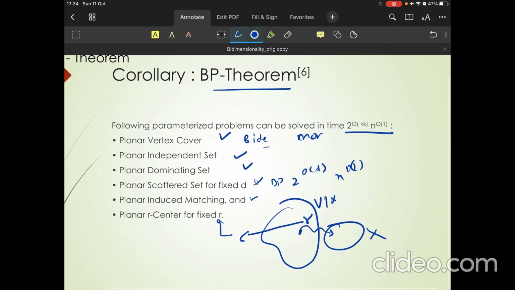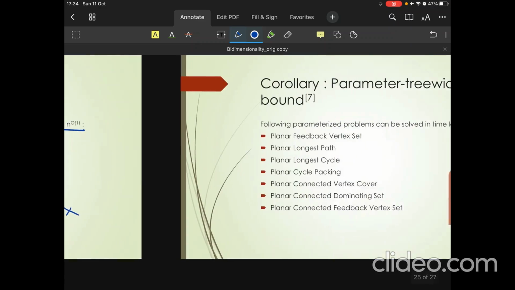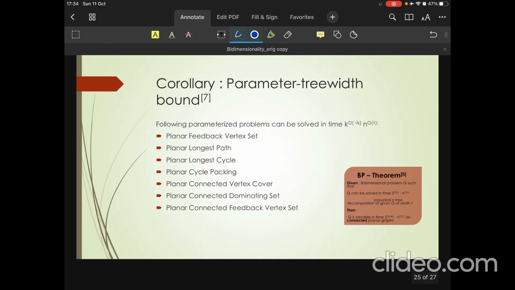These are all the problems which get a running time of 2 power order square root of k times poly, considering the assumptions of the BP theorem. They all satisfy the assumptions of the BP theorem.